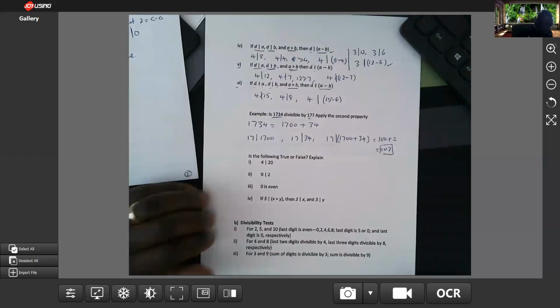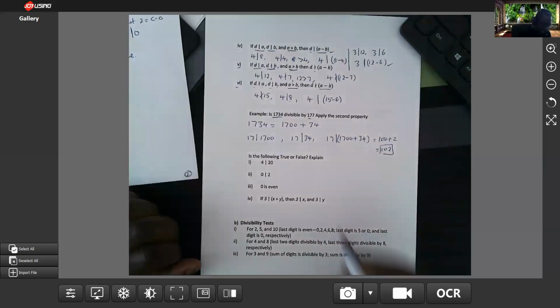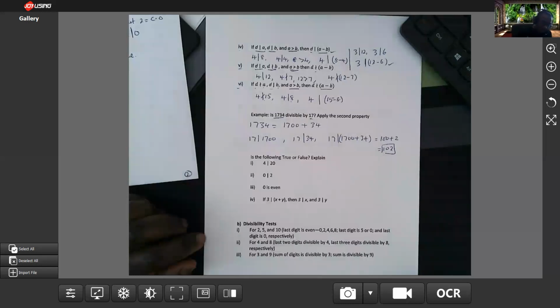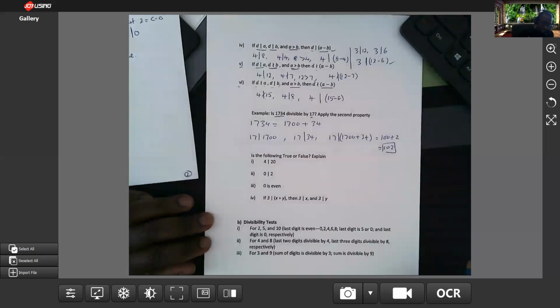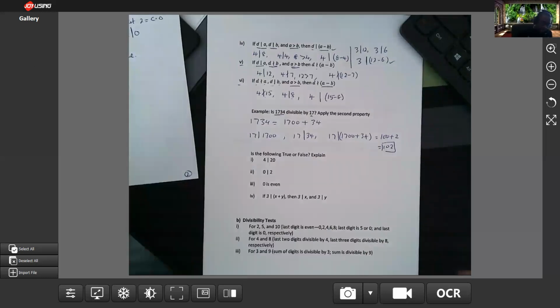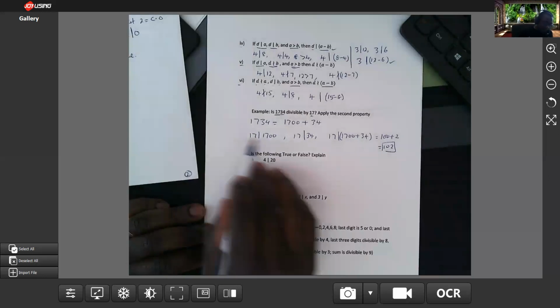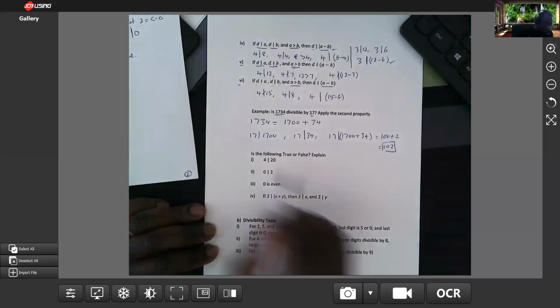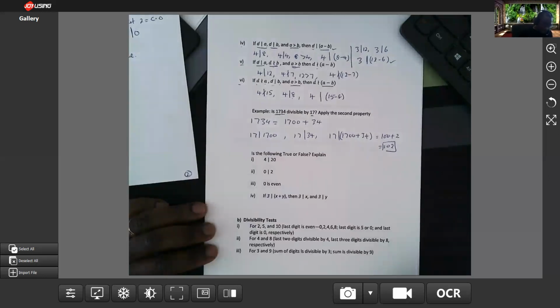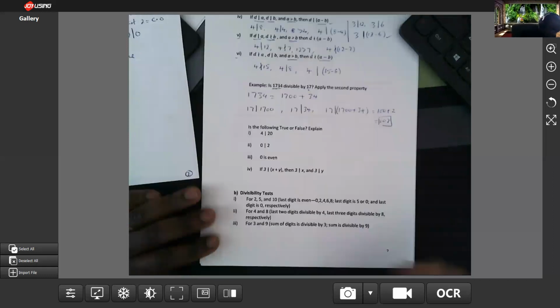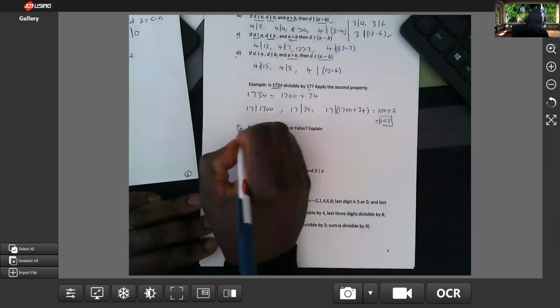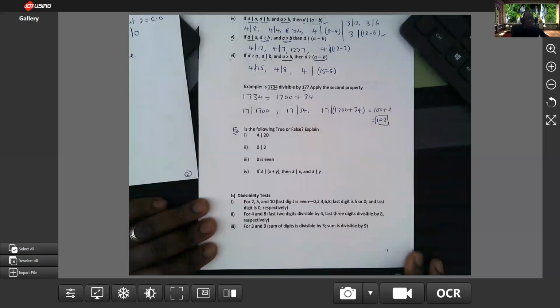So we know that 17 divides 1734. It goes into that 102 times. In other words, 102 and 17 are factors of 1734.